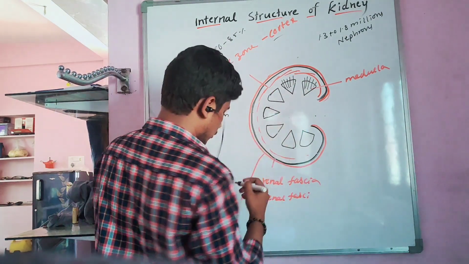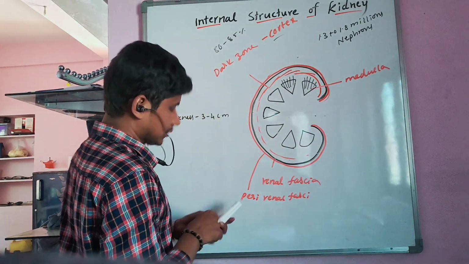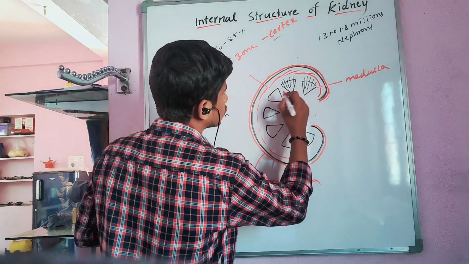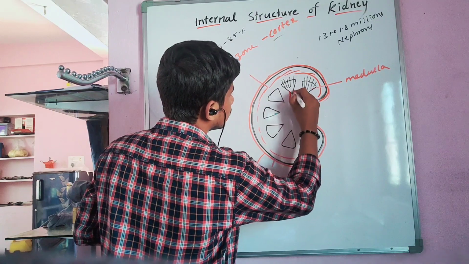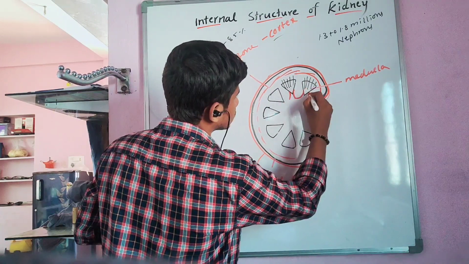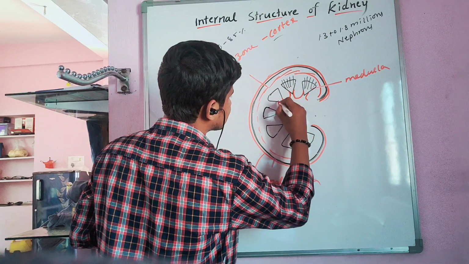Now at the base of the pyramids, small tubes open. These are called renal calyces.